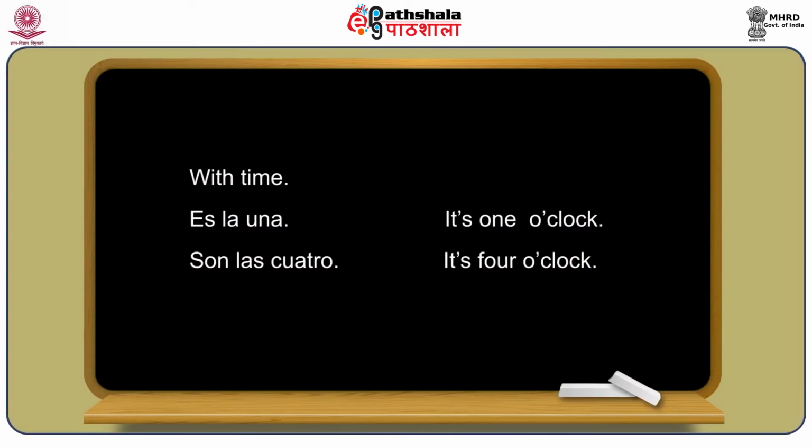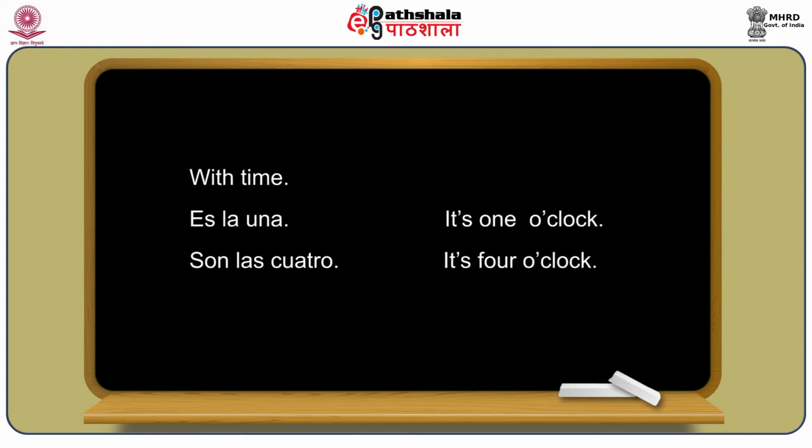Now the definite article is also used with time. That is, if we want to say it's 1 o'clock or it's 4 o'clock or 5 o'clock, we have to use the definite article. So in these sentences in Spanish, it will be es la una or son las cuatro.